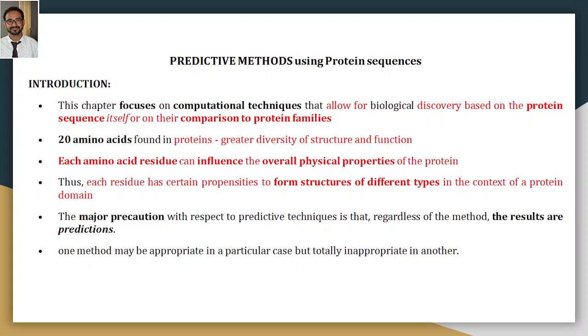Each amino acid residue can influence the overall physical properties of a protein. Thus each residue has certain propensities, that means the probability of influencing the formation of structures of different types in the context of the protein domain.